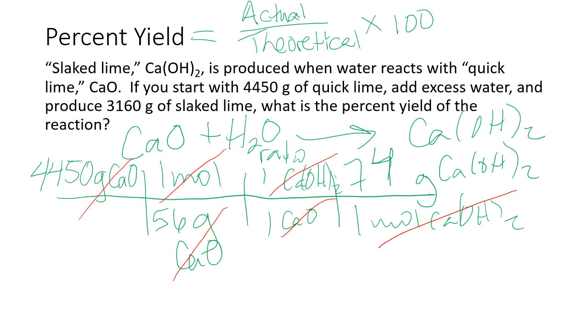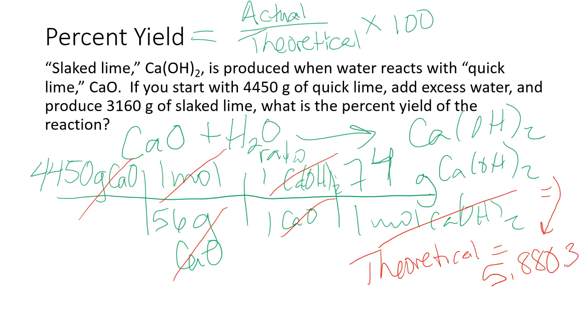I'm going to multiply across the top, divide by the bottom. So I'm going to take 4,450 times 74, divided by 56, and I end up with, so my theoretical equals 5,880.3 grams.